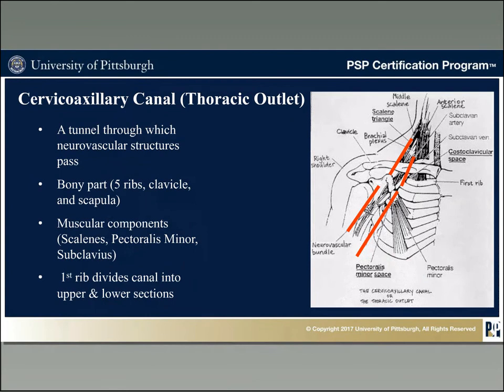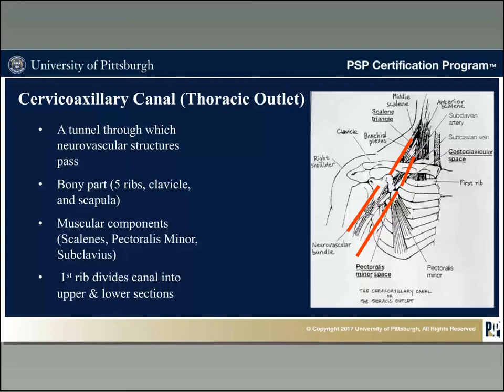There are various entrapment sites or areas where the neurovascular bundle, as it courses from the central structures out into the periphery, can potentially become entrapped, compressed, or tensioned in an adverse way. The first of these is the cervico-axillary canal, sometimes referred to as the thoracic outlet itself.